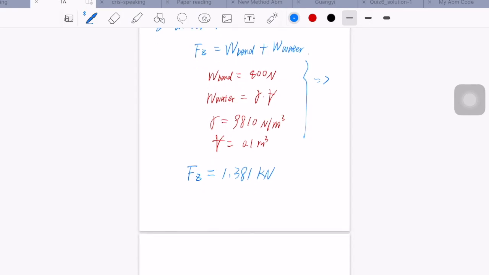So now we can get that the F vector should be equal to negative 14.1 times i vector plus 0 times j vector plus 1.381 times k vector kilonewton. So we finish this problem.